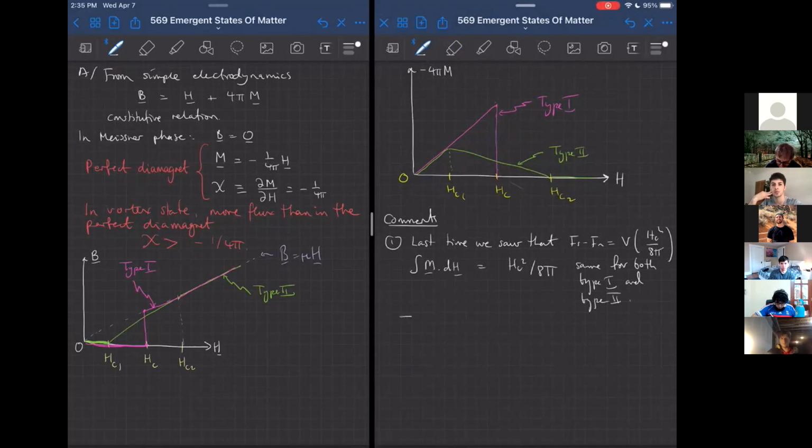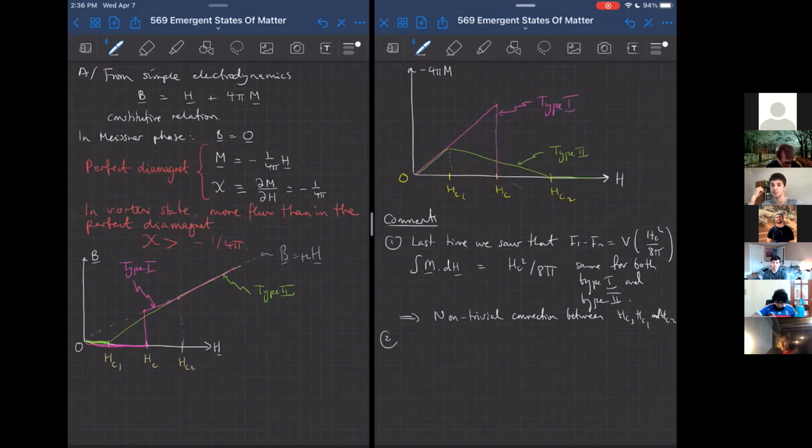And so that tells you that there is some non-trivial connection between HC, HC1, and HC2. And we'll write that down later.